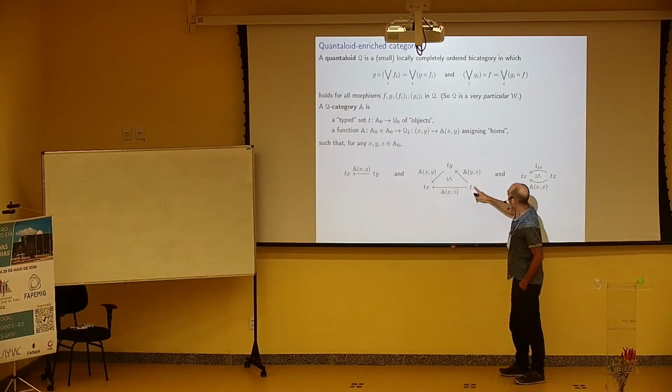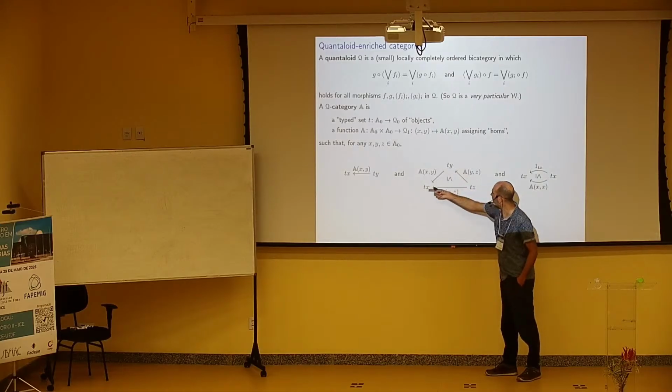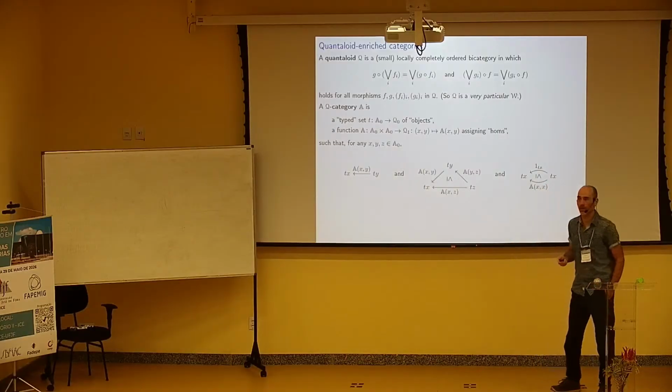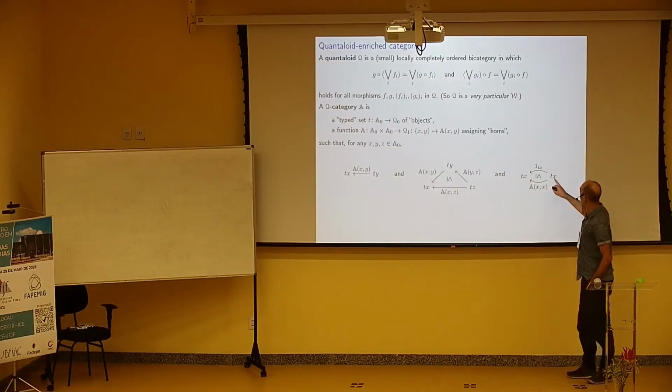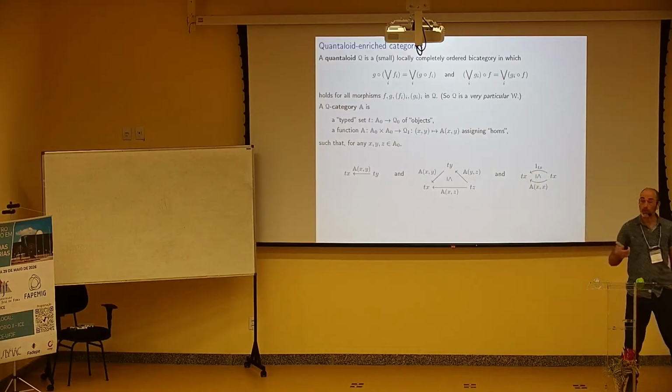And the triangular inequality, or the composition law, is saying that if you have a HOM xy, HOM yz, then you have HOM xz, and you have an inequality of arrows in the quantaloid. And similarly, for any object x, you have the HOM arrow xx. There is an identity arrow on the same type, and so I'm writing an inequality of arrows in a quantaloid.